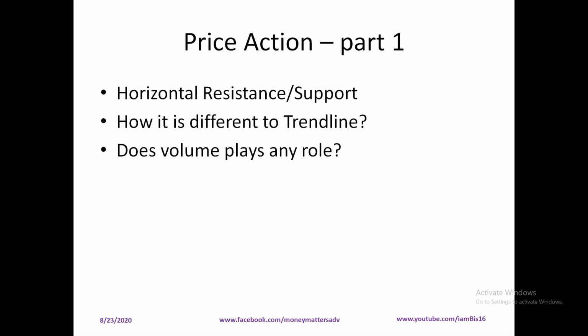So today we will also check that there are different ways to study the price action. What I personally prefer and what I have learned over the years is horizontal price action strategy, and that is what I'm going to show you today with some use cases and how it is different to trend line.